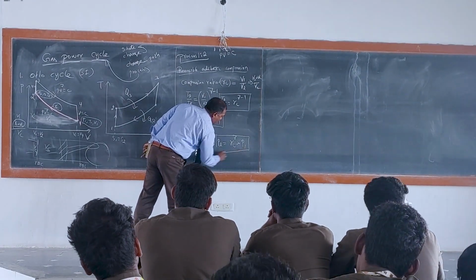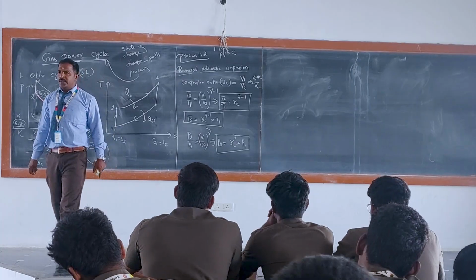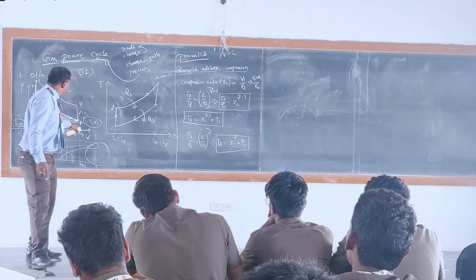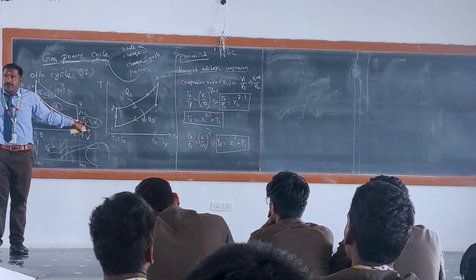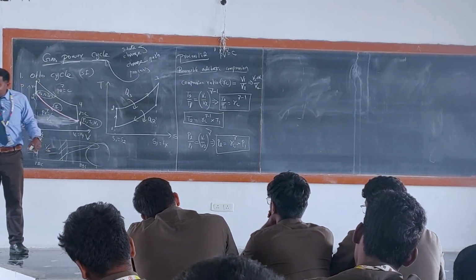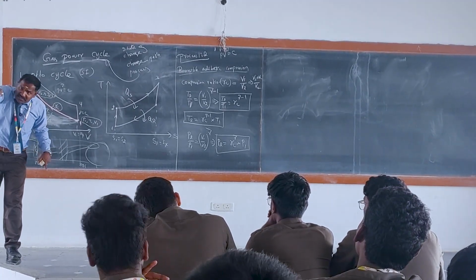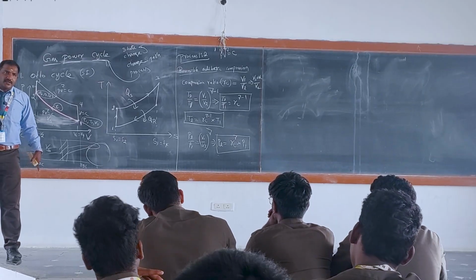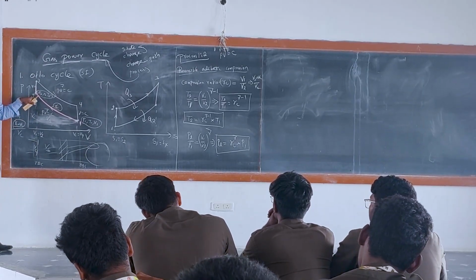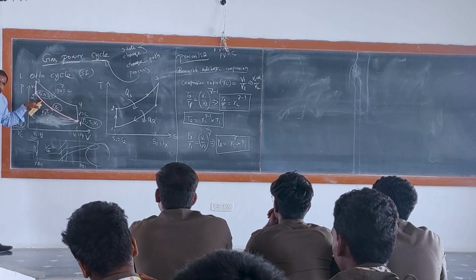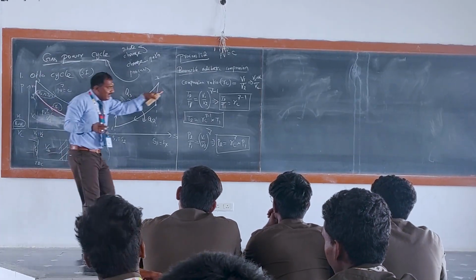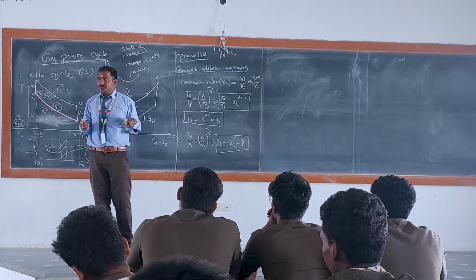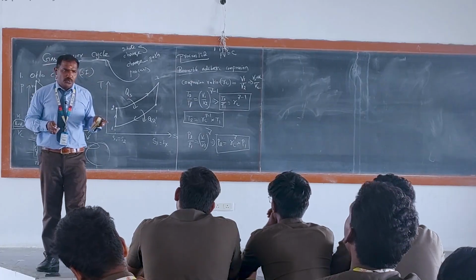This will always be given in all problems: P1, T1, V1 and RC will be given. You need to find P2, T2 and V2 using these two relations.